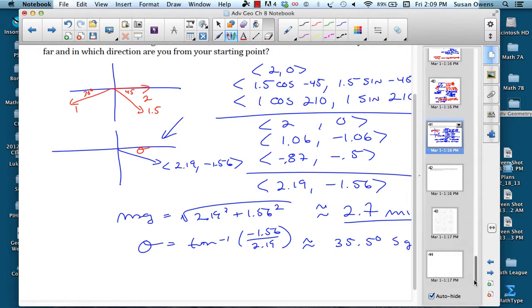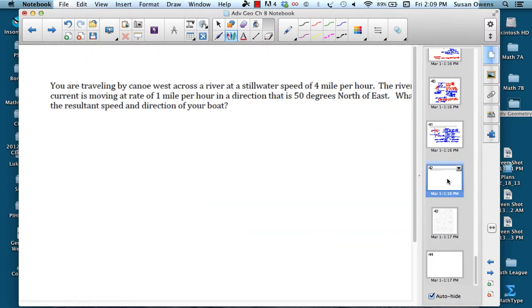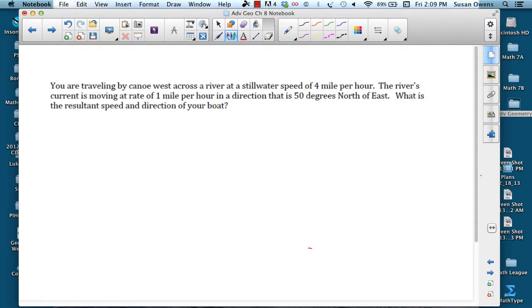This one is dealing with a canoe. You are traveling by a canoe west across a river. In still water, you would be going 4 miles per hour. So you are going west 4 miles per hour. But you have a nasty little current that is moving at a rate of 1 mile per hour in a direction that is 50 degrees north of east.